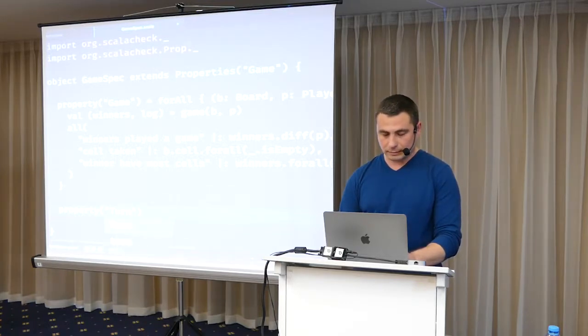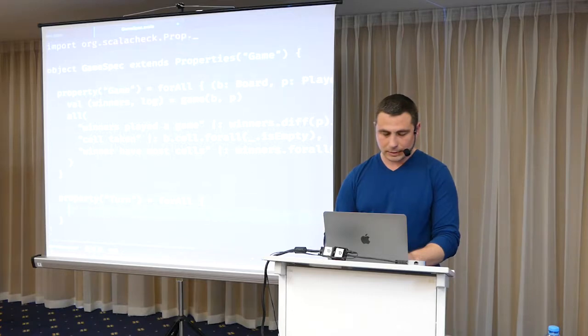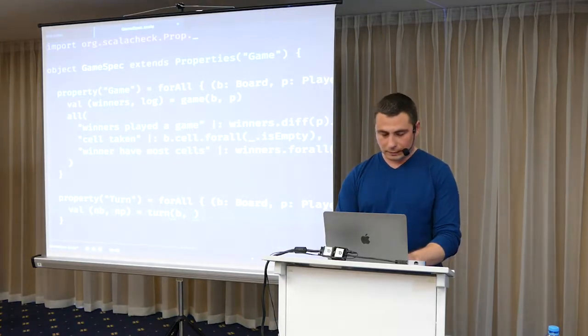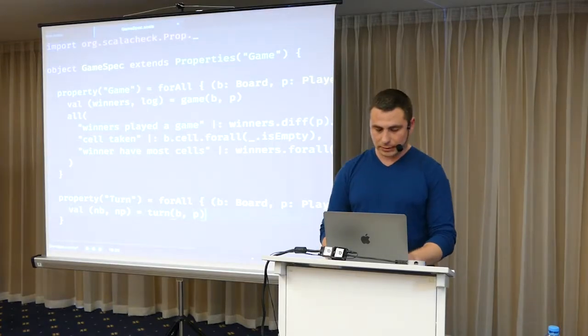As I said, we will have players making turns. So we again need a board and the players. And then we say, okay, we have a new board or changed board and new players. And we say, after the turn with this board and with those players, right?